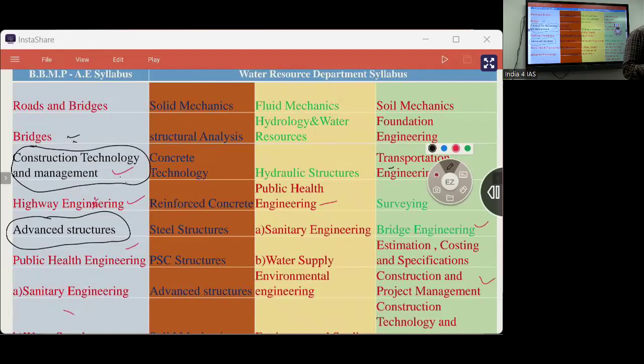Clear? Okay. So now tell me, what is the factor of safety for RCC structures? Very good, 1.5. It cannot be the same for steel structures. Do you agree with me or not? Correct.